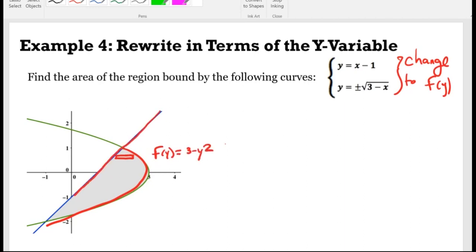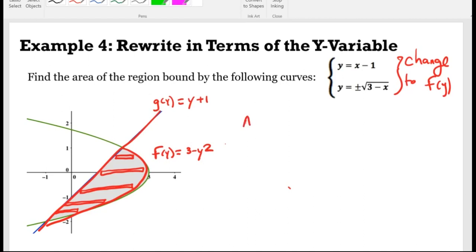And the left function is g of y equals y plus 1. If I draw the Riemann rectangle anywhere, it's those same two functions. So if it's always the same two functions, that means one integral is needed.